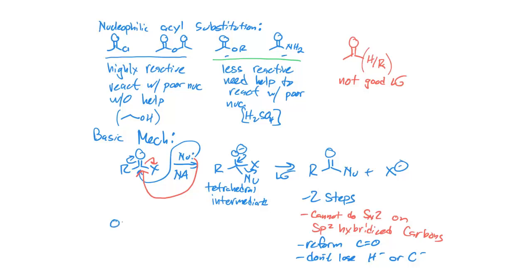Some optional steps would be proton transfers. As I said before, if we're reacting an ester or an amide, we may need to proton transfer first in order to protonate the carbonyl here. If we're using a neutral nucleophile, like an alcohol, as we've seen many times over first and second semester, the last step is to remove this extra hydrogen that comes along for the ride.